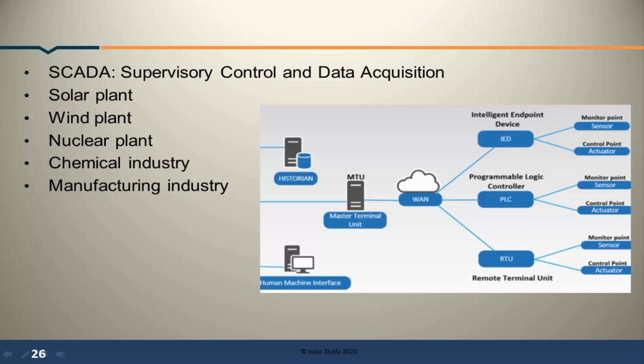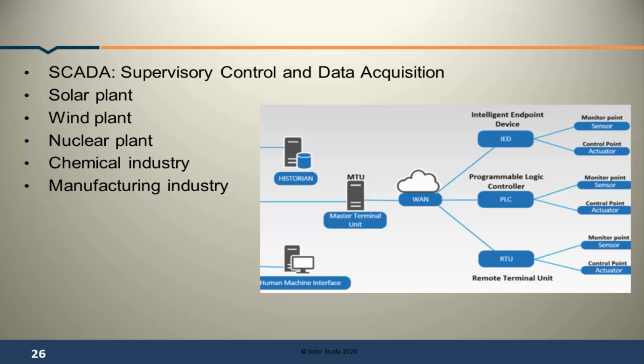In this image you can see what it contains: historian, master terminal unit, and human machine interface, because if something happens we have to see it on the human machine, which is nothing but a computer. The master terminal unit is where all the data are processed, and there is backup data called the historian.